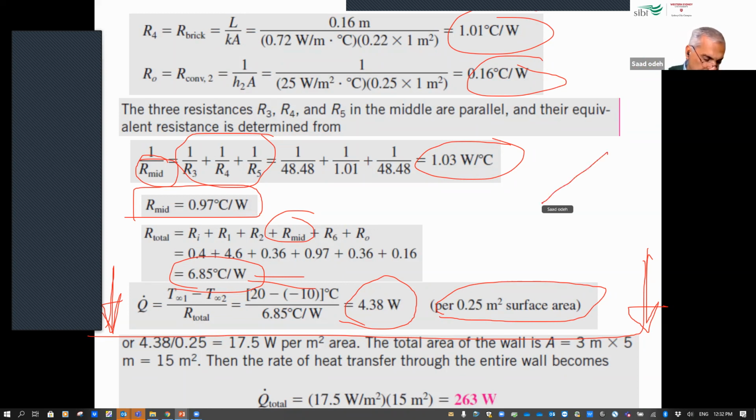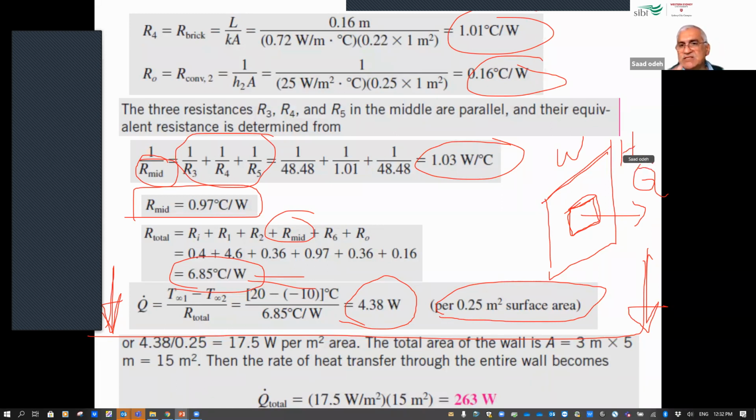I'll draw it again here. For example, if this is the wall, if I take part of the wall here, this side of the wall, and I find the heat transfer through this part only, I can take this and make it in a larger scale to cover the whole width and height. Okay, so this is actually what we did.